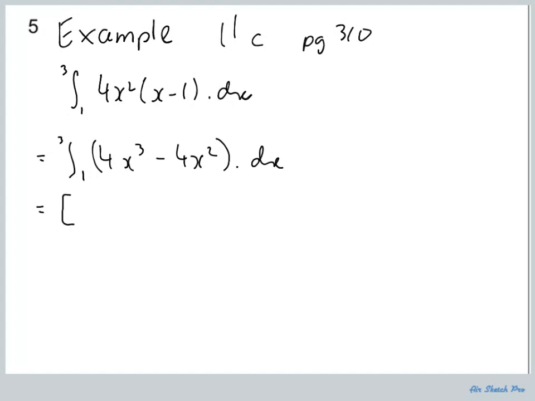So the antiderivative of 4x cubed is x to the power of 4. Is that okay without spelling it out? I'll spell it out, I won't write it though. If I increase the power by 1 here, it becomes x to the power of 4, which means I need to put a quarter here, and 4 times a quarter is just 1, so there's no coefficient.